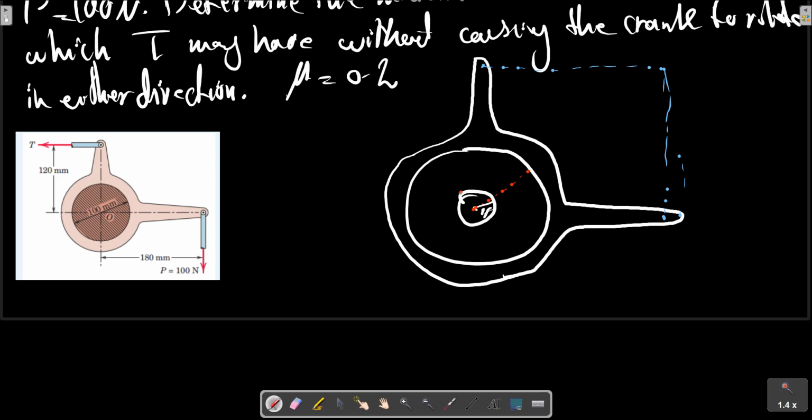The resultant of forces on the bearing is tangent to the friction circle and has an angle phi to the normal direction, and it should pass the point C.